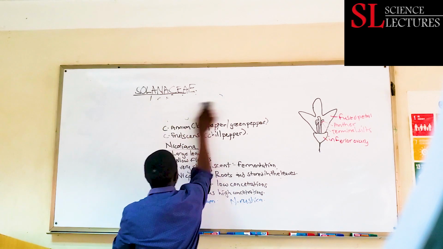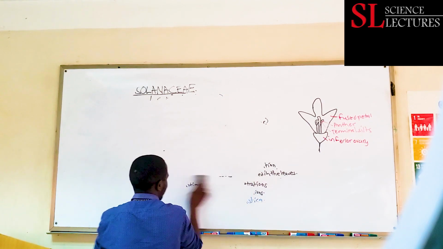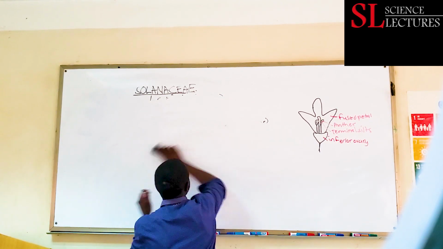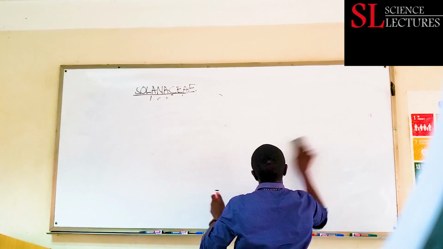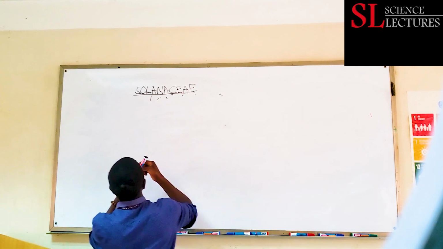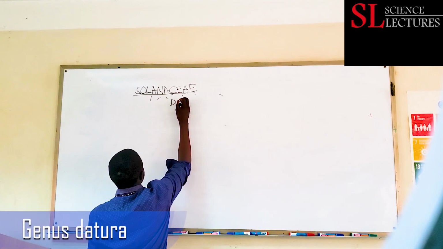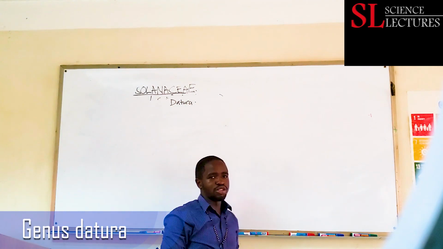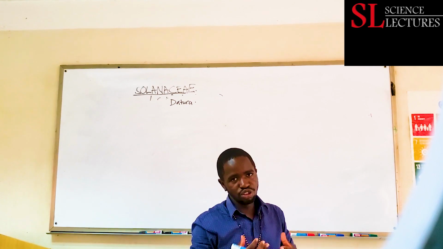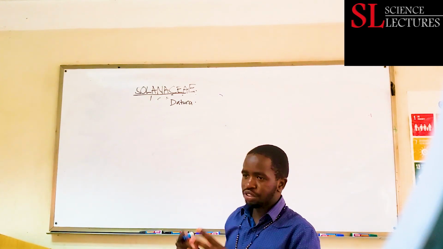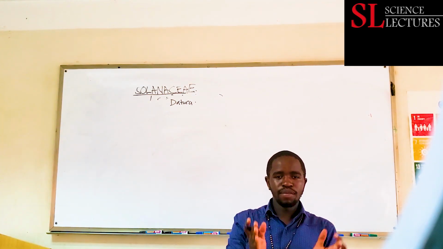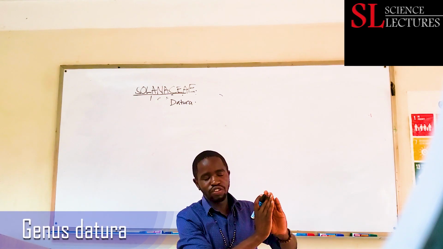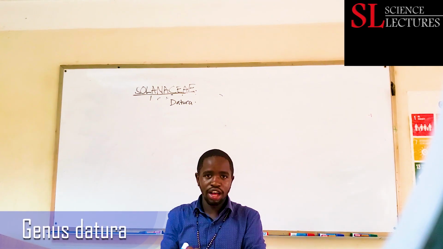Next, I want us to look at the last genus under this family, that is genus Datura. For all the other genera that we have so far discussed, we say that their fruit is usually a berry. But we said earlier that members of this family can have fruits that are berries or capsules.